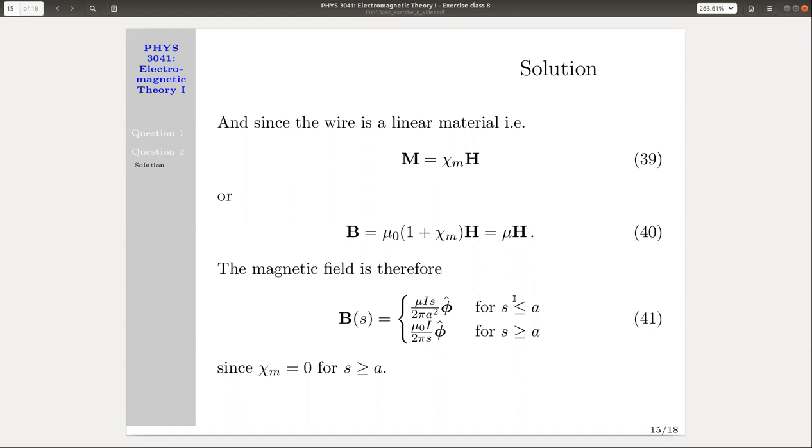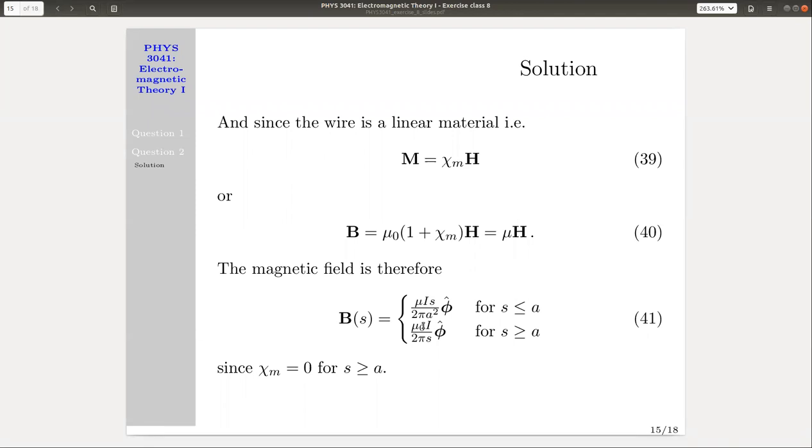But keep in mind that when it is outside the wire, the mu here has to be mu naught, because now we are outside the wire, which means in a space where there is no material, and there will be no magnetizations, so the Km will be 0 outside the wire.